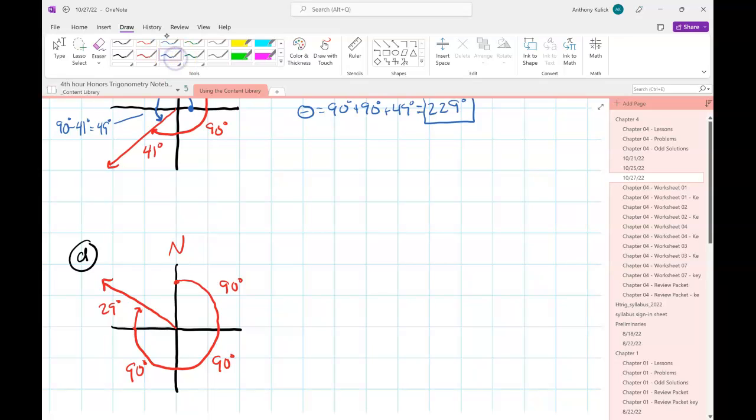Pretty easy, right? So standard position angle is here, where we've gone 90, and then 90 minus 29, or 61 degrees. So theta is 90 plus 61, which is 151.